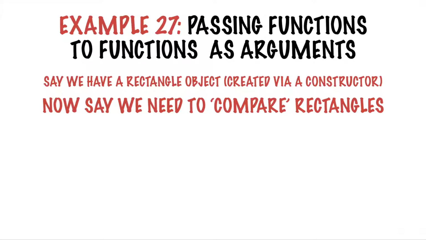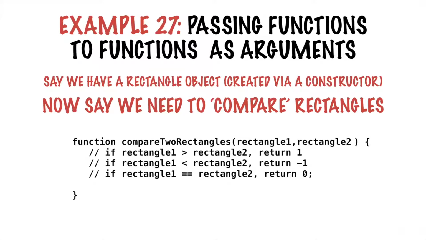Now let's say we need to be able to compare rectangle objects. We need to be able to compare two rectangles together. And when we say compare, we mean operations such as greater than, less than, or equal to. We want to be able to say whether one rectangle is greater than another, one rectangle is less than another, or a rectangle is equal to another.